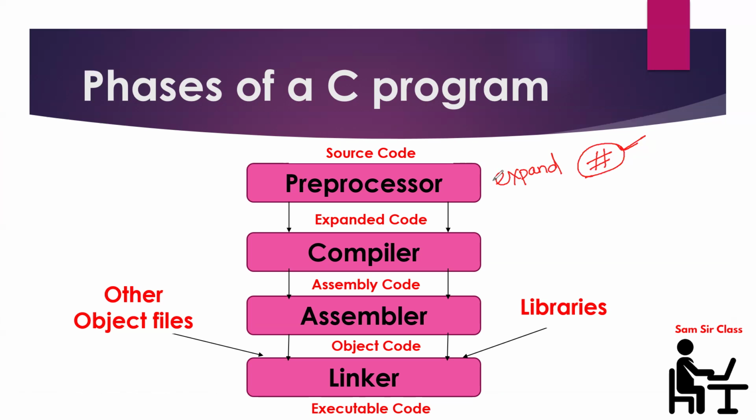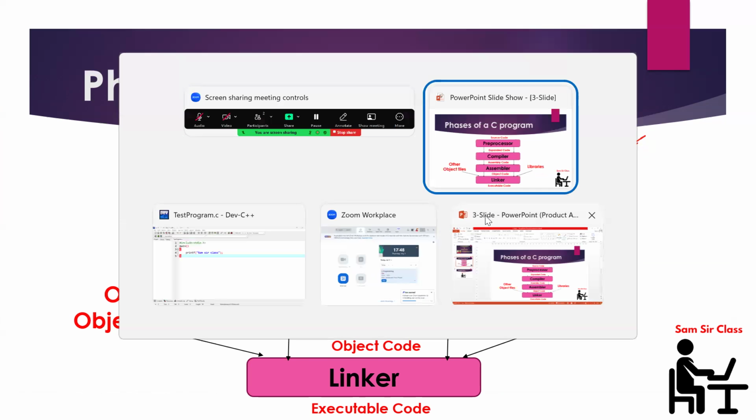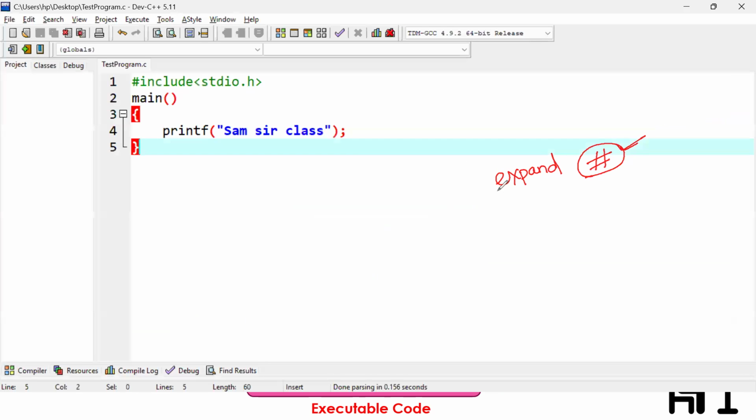What do I mean by that? Any predefined things you have written, like in our program we have written printf. printf is nothing but a predefined keyword, and the meaning of the predefined keyword is present in the preprocessor. By passing through the preprocessor, the source code will be expanded.